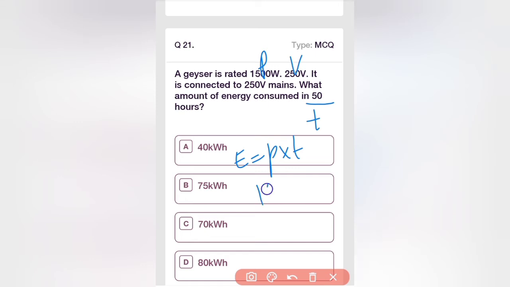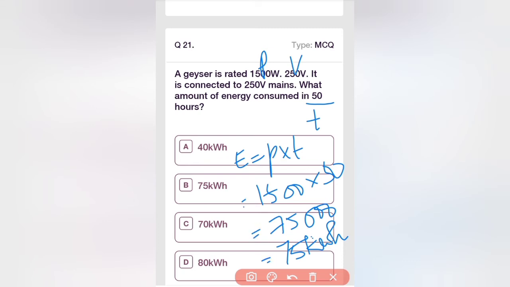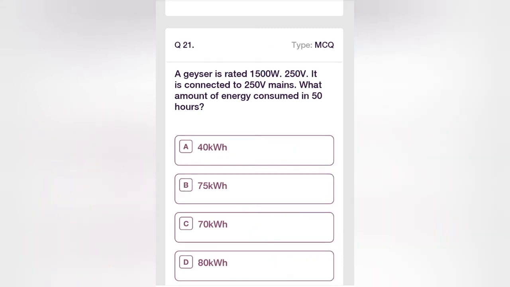So power is 1500 into time is 50. So it must be 75,000 watt hour, but if we convert it to kilowatt hour, we get 75 kilowatt hour. So option B is the correct answer.